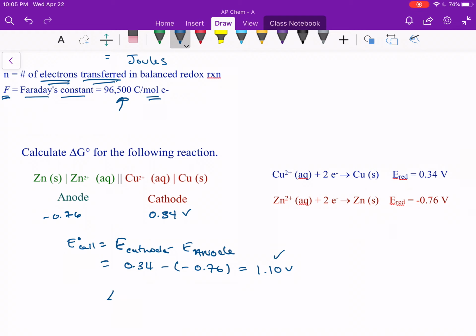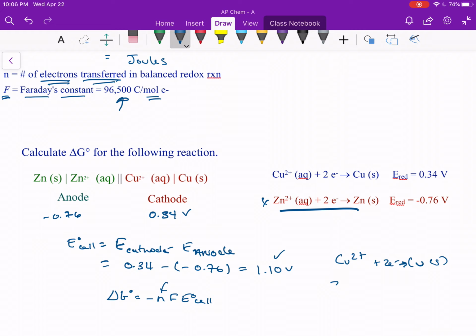So that's good. We already know we have E cell. Now delta G is going to be equal to negative nF E naught cell. So the question is, what is that number? If we look up here, we have our Cu2+ plus 2 electrons going to my copper as a solid. Then I know that my zinc is being oxidized, so I have to flip this reaction.